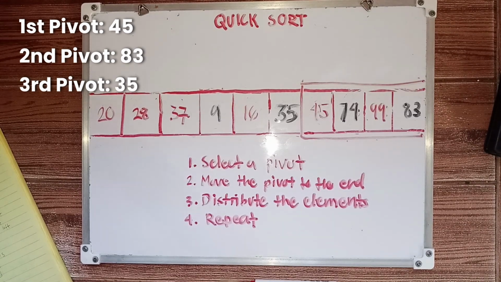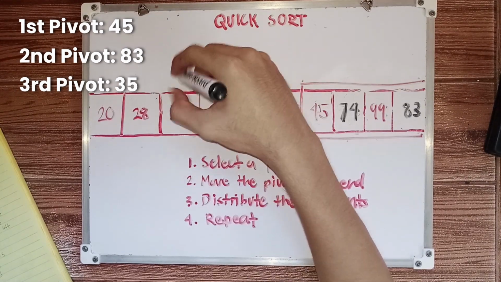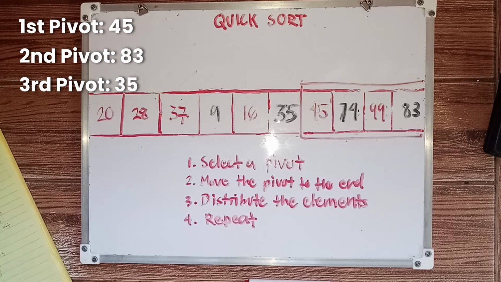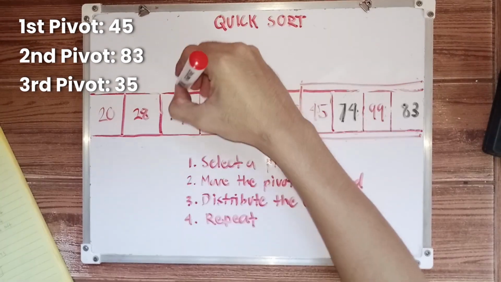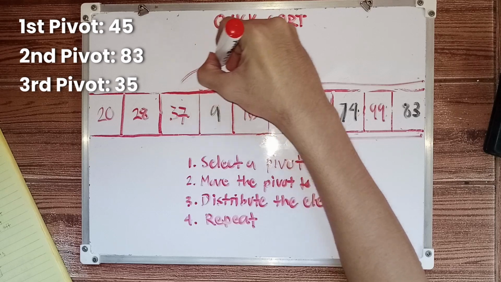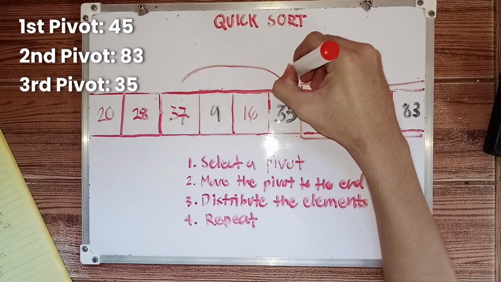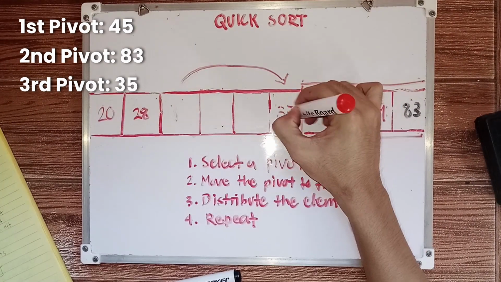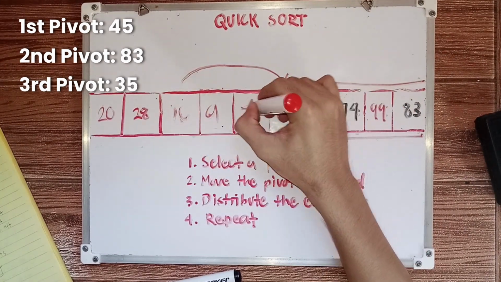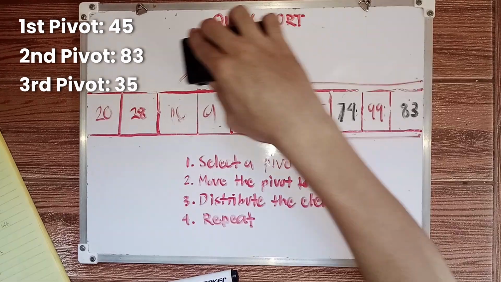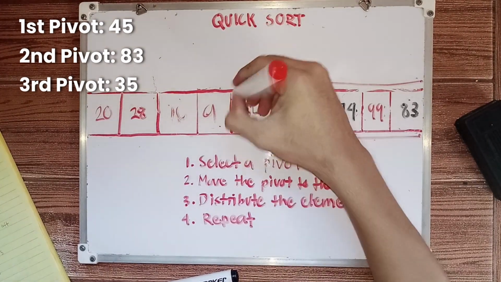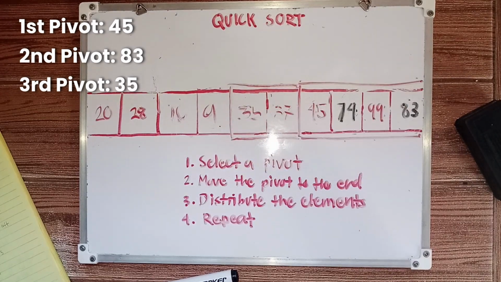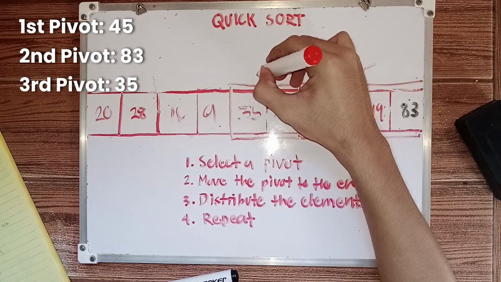Now 37 is greater than 35, so we need to bring this to the right of the pivot. So as you can see, 35 and 37 are already sorted.